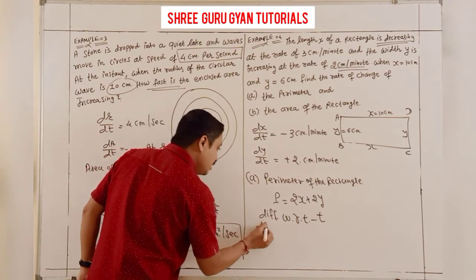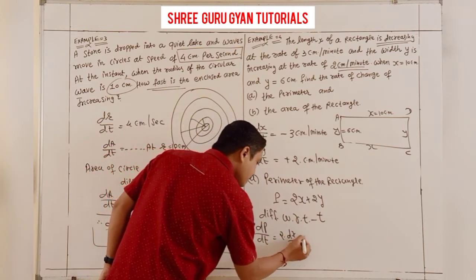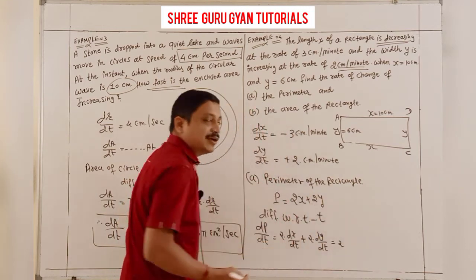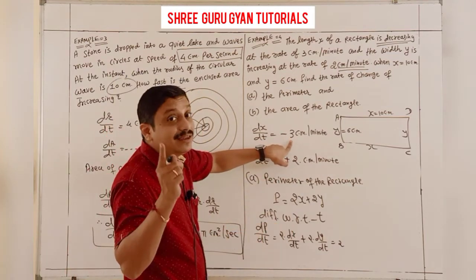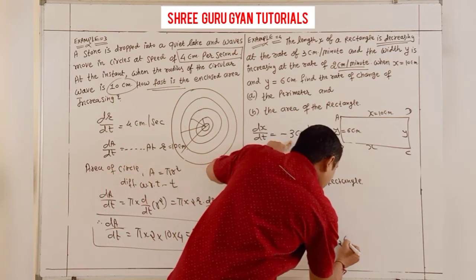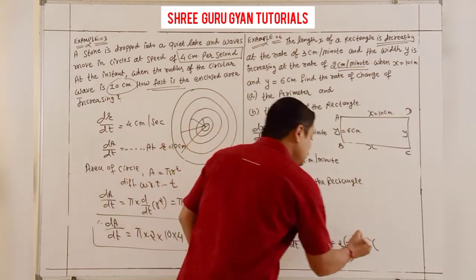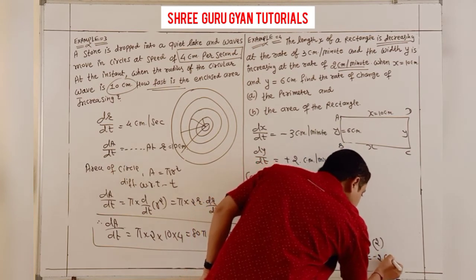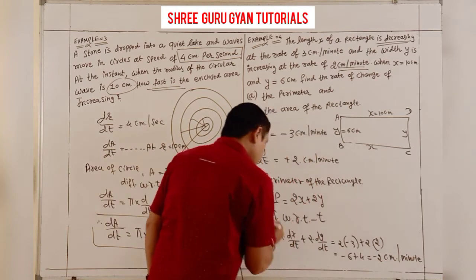So dP by dt is 2 times dx by dt plus 2 times dy by dt. Successfully applied your values: 2 dx by dt is minus 3, yes, plus 2 dy by dt is plus 2. So minus 6 plus 4, which is minus 2 centimeter per minute. And that's your given.